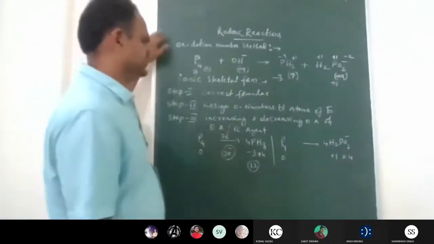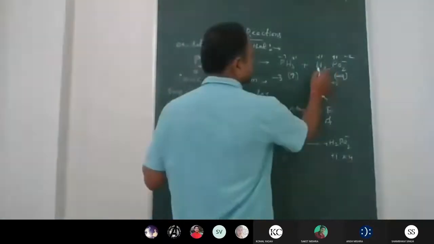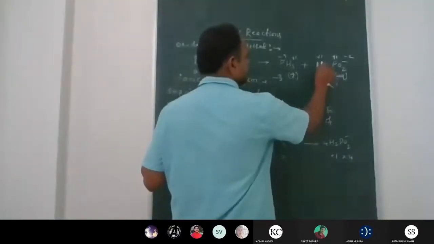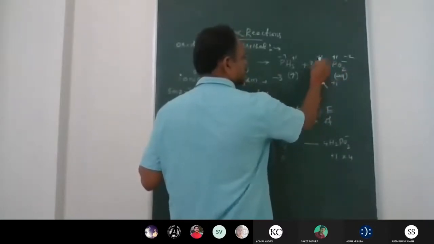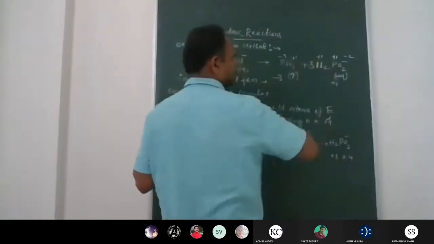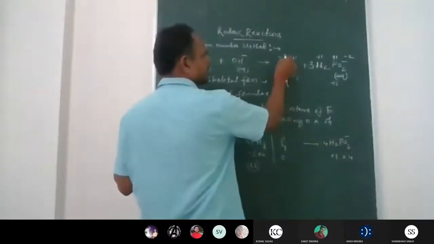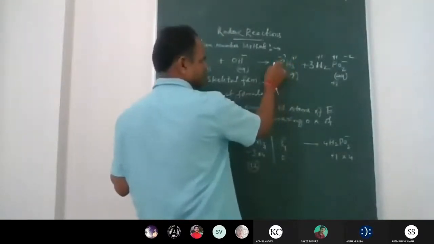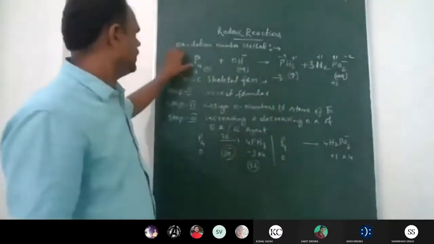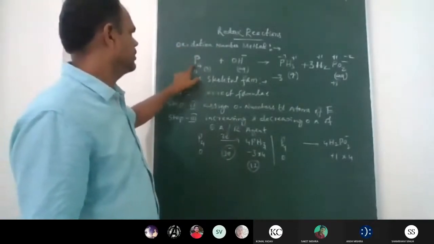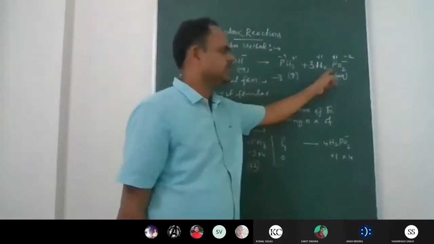So here I am using the number 3 before the H2PO2 minus, because 3 is multiplied with 1, and 1 is multiplied with 3 for PH3. Now the phosphorus atoms are balanced. You can check: here is 1, here is 3.